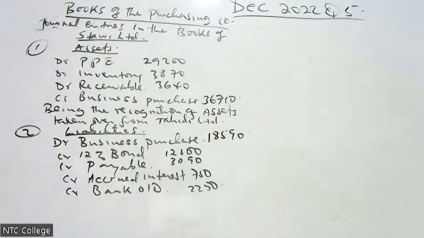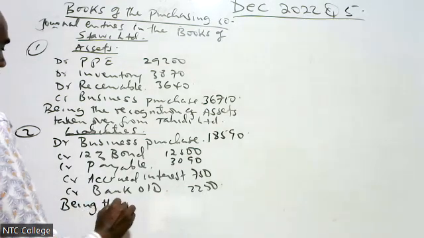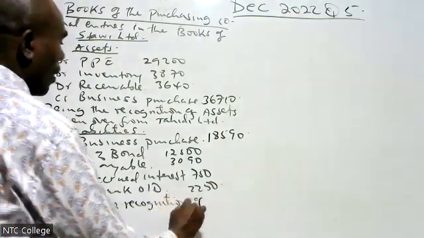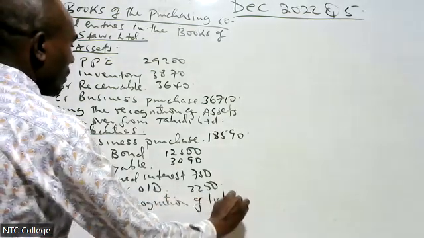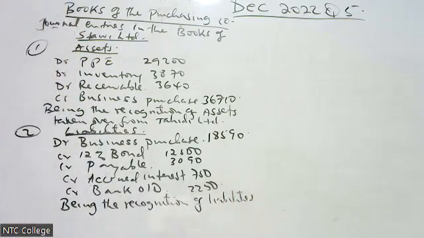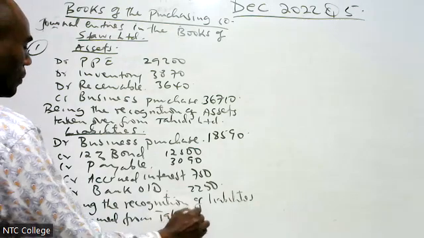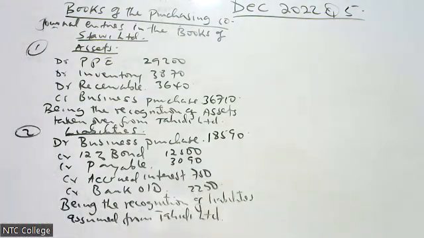You debit with 18,590. Then you say being the recognition of liabilities assumed from Dahiti Limited.